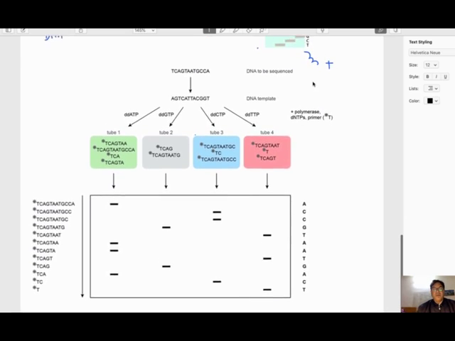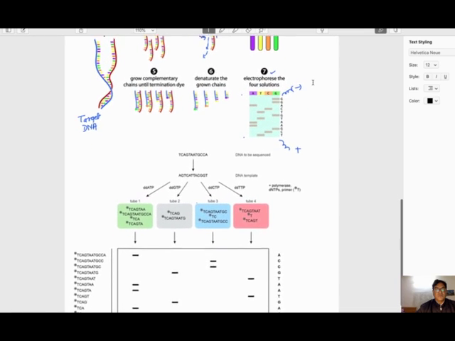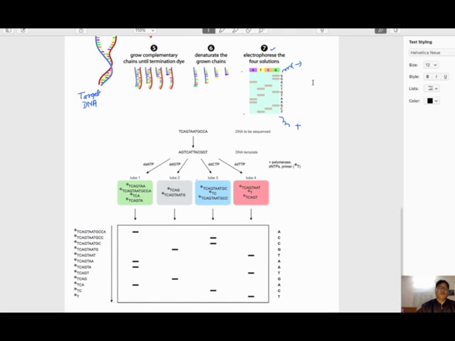What happens in this diagram is something like this. This is the target DNA which has been taken here, the target DNA, single strand.